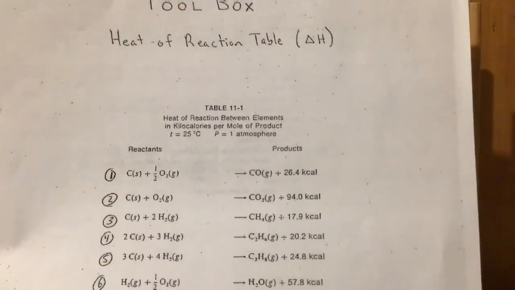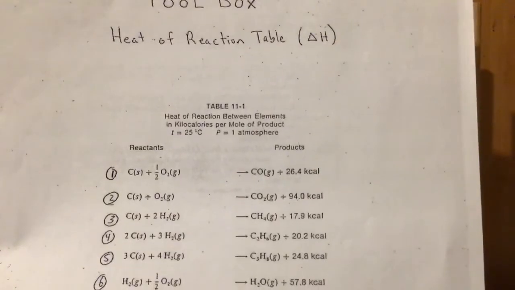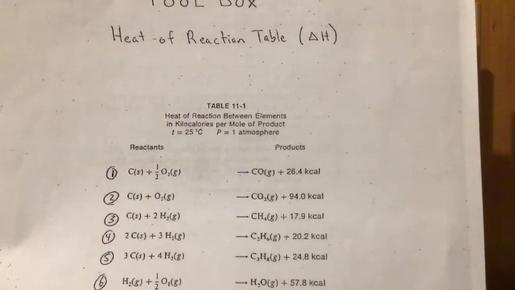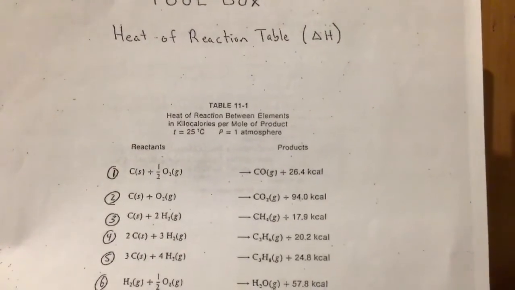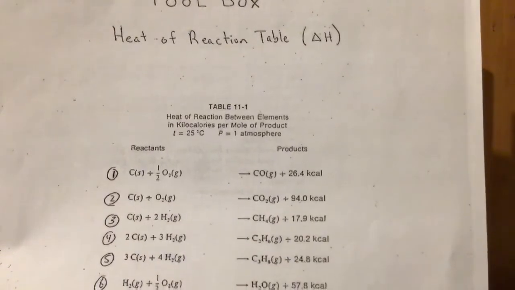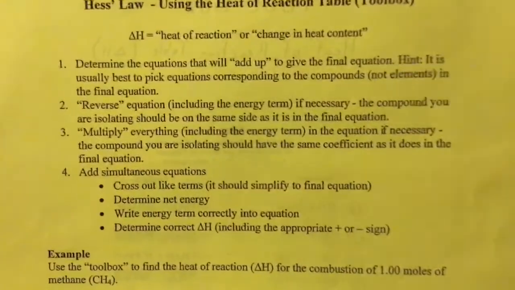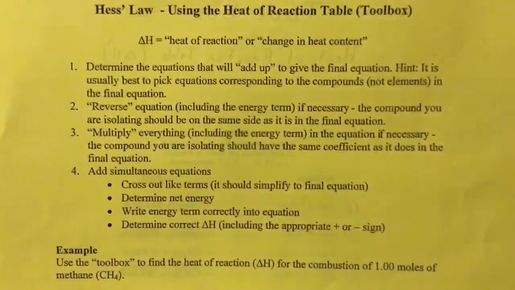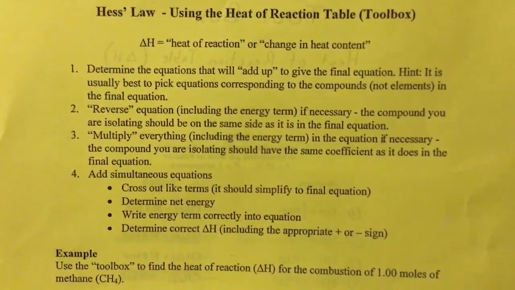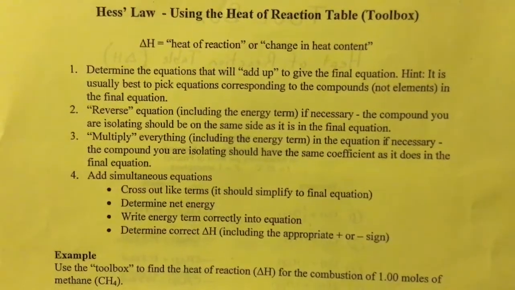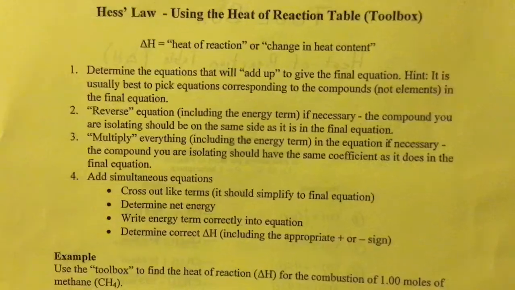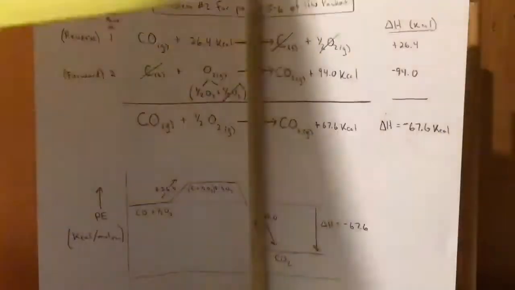Now notice carbon monoxide's on the right side of the equation, but in order to get equations adding up, I want it to be on the left. So I'm going to follow rule number 2, where it says reverse equation, including the energy term if necessary. The compound you're isolating should be on the same side as it is in the final equation.